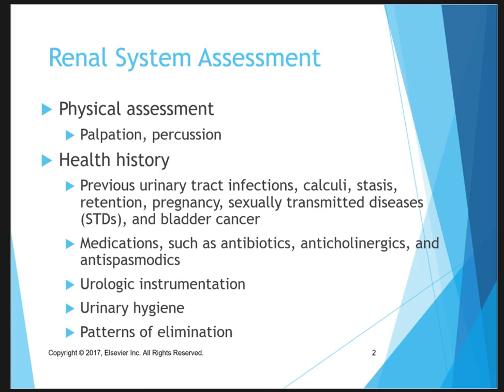Medications, important things here because things like taking anticholinergics can impact the renal system without people really thinking about it. And then patterns of elimination. I've been talking to you about poop for a while now, so obviously now talking about elimination from the standpoint of voiding is going to come up. But like we just talked about, constipation and poop are still going to have a role here.